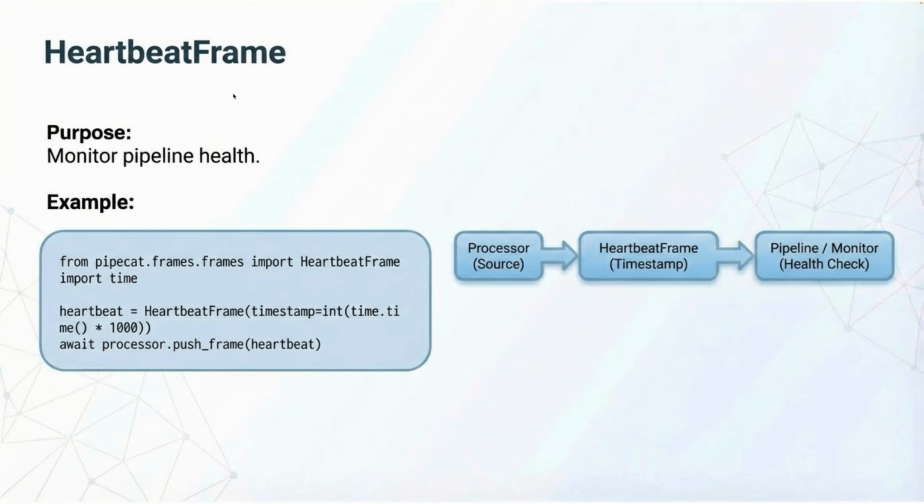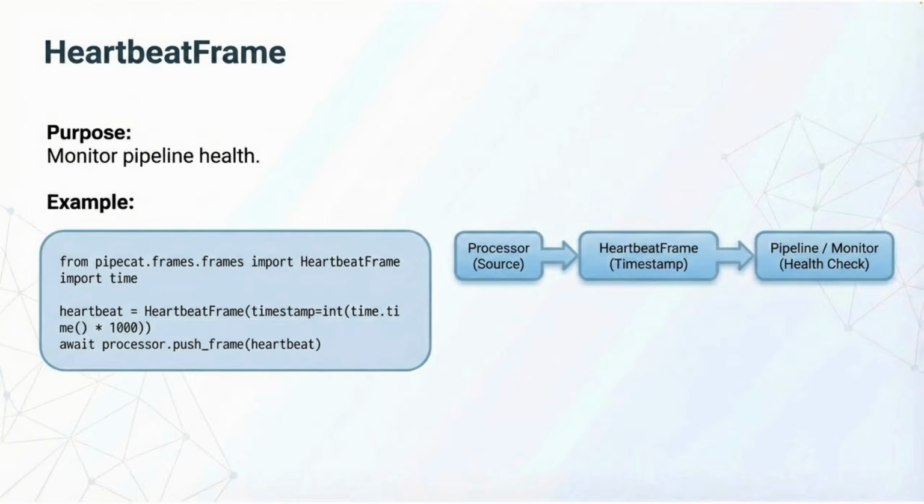Now heartbeat frame is again a push frame. It's basically used to monitor pipeline health. As the name suggests, heartbeat is a periodic signal that the pipeline is alive. It is useful because it detects stalled or dead pipelines, and it enables monitoring.